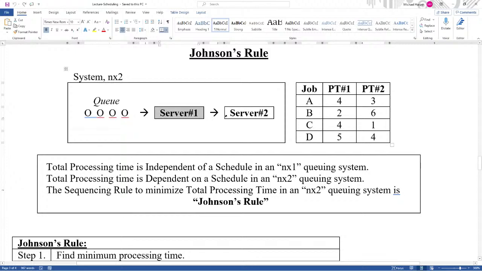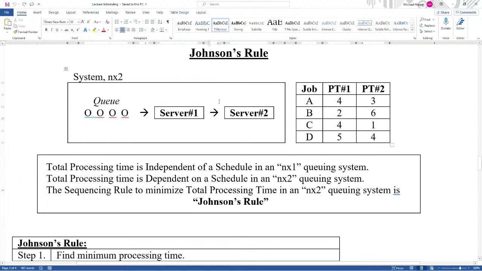Job 1 is still being processed on server 2, and job 2 is in a queue in front of server 2. And job 4 is in a queue in front of server 1. So we're going to have a queue in front of server 1 and a queue in front of server 2. So now we have two servers, which means we have two queues.